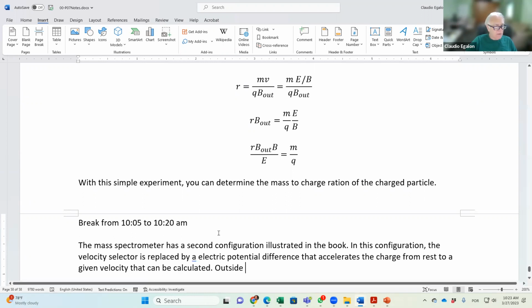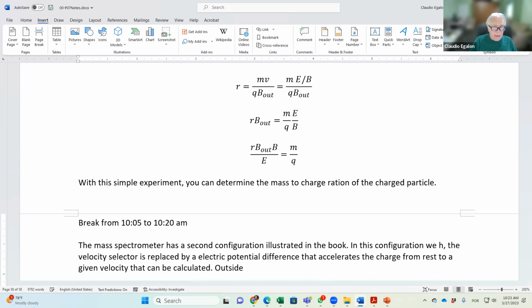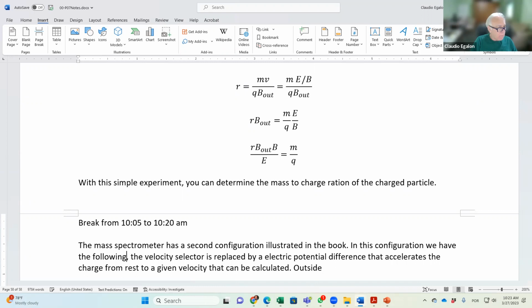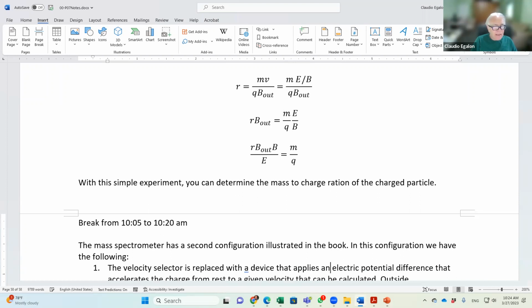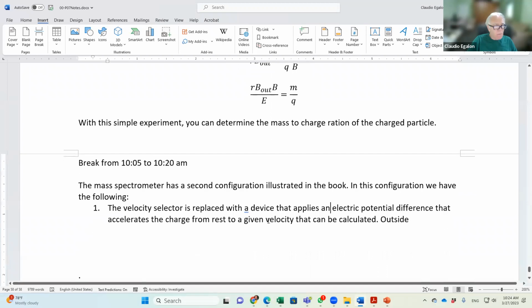The mass spectrometer has a second configuration in the book. In this configuration, we have the following. The velocity selector is replaced with a device that applies an electric potential difference to the charge.